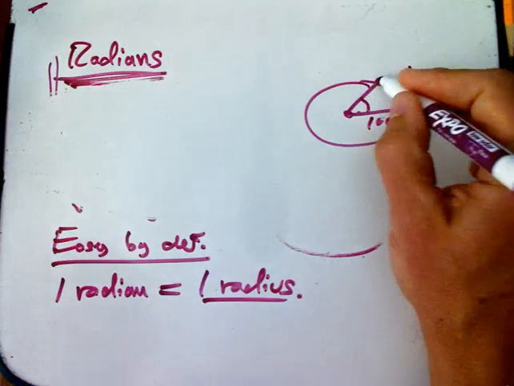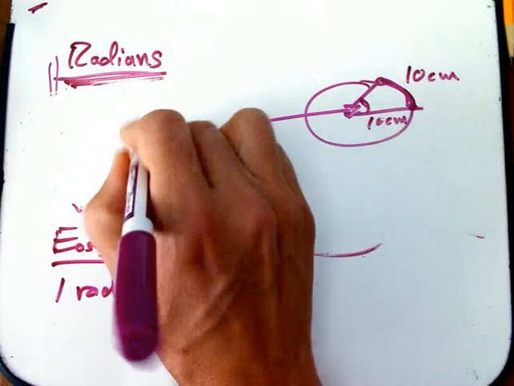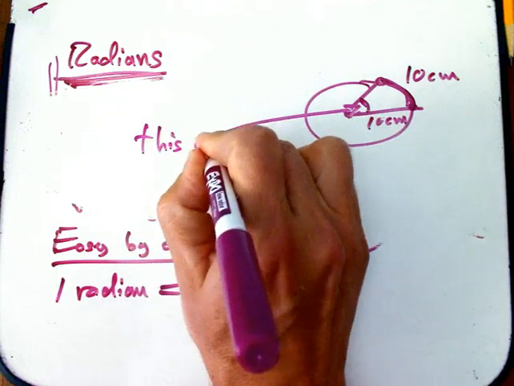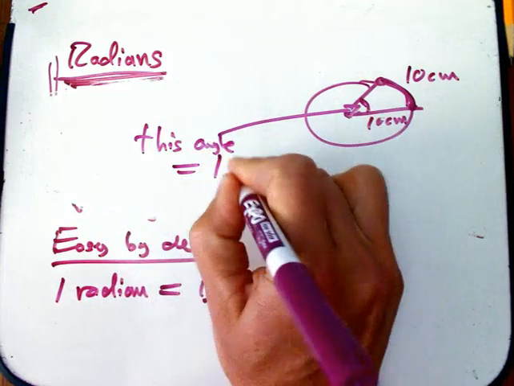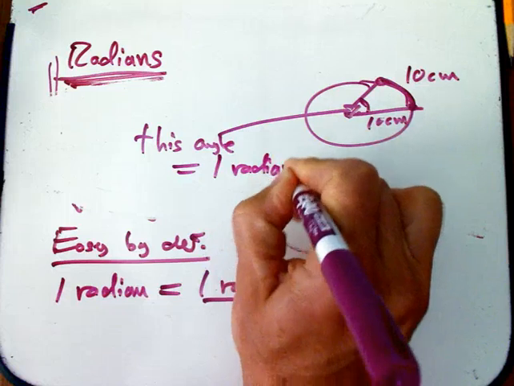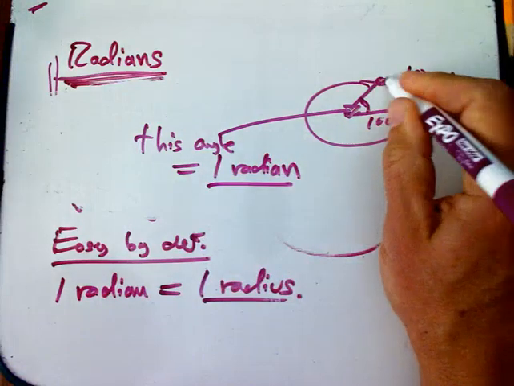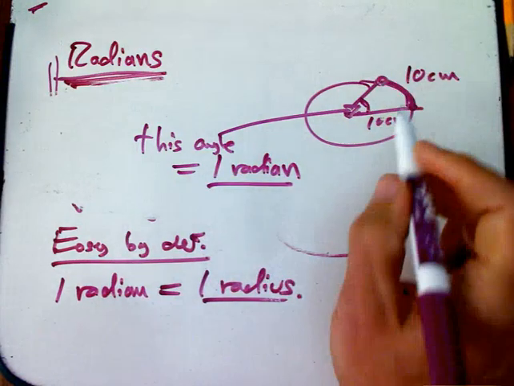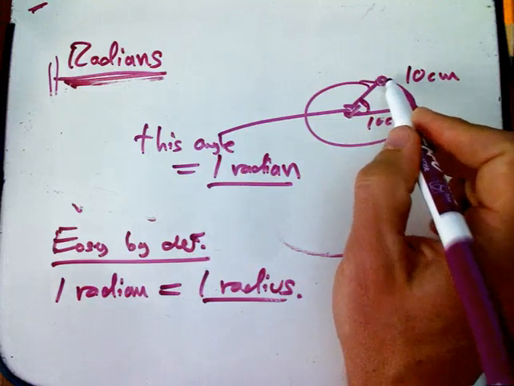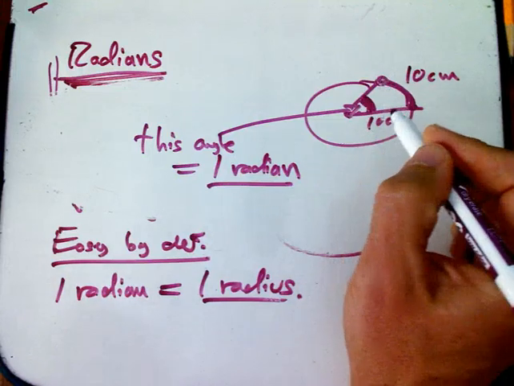Then we call that angle 1 radian, because how much it went over here is 1 radius. So something that involves 1 radius worth of travel is called 1 radian.